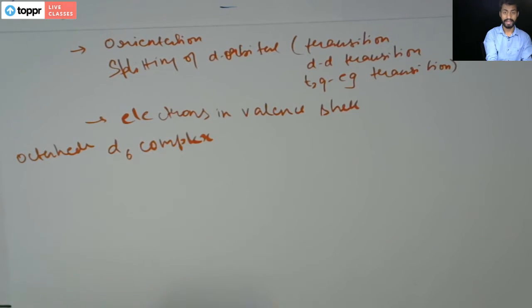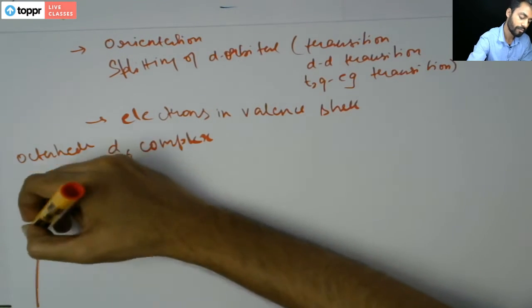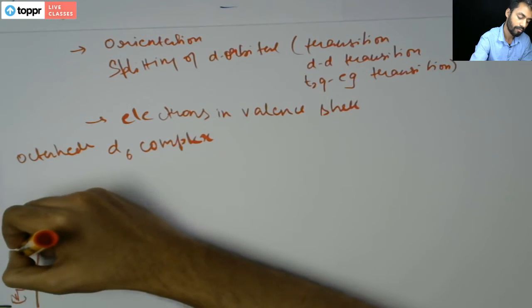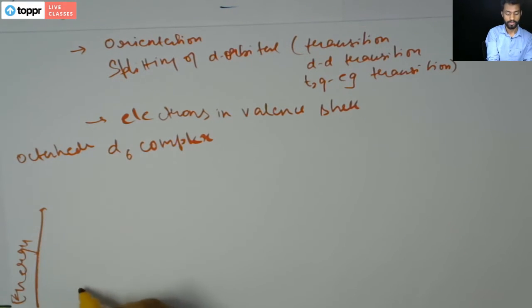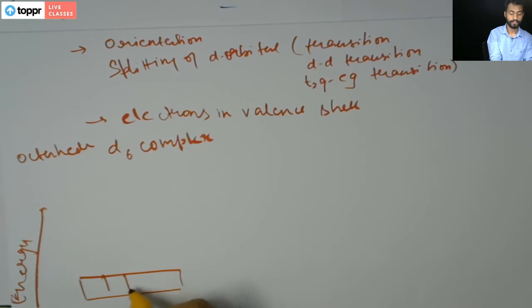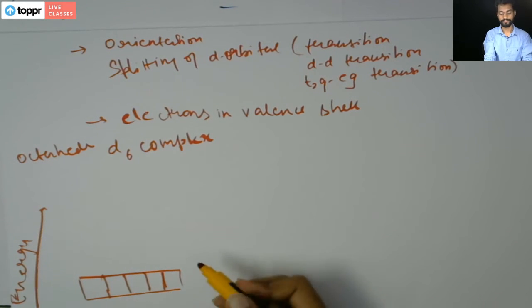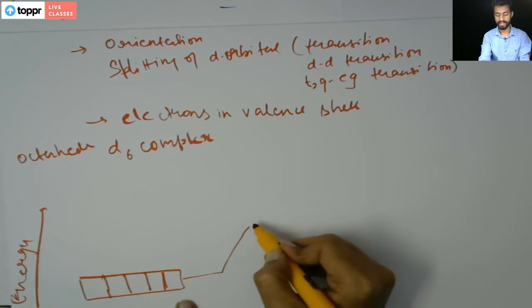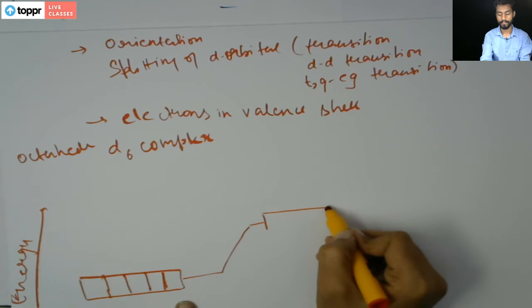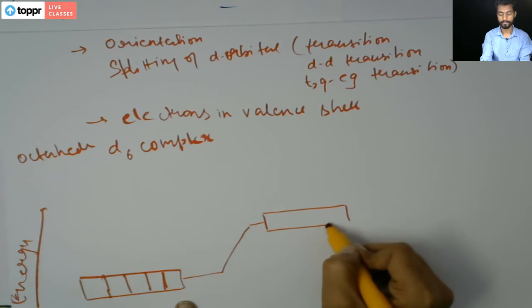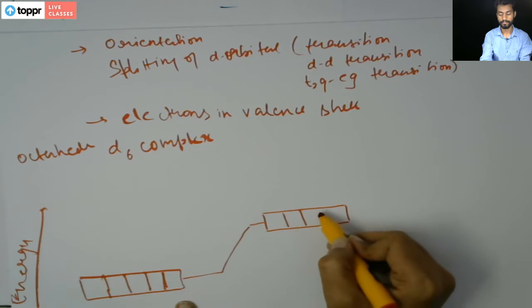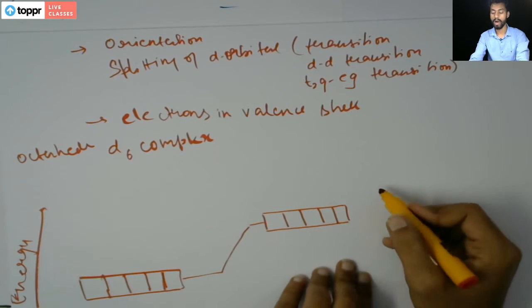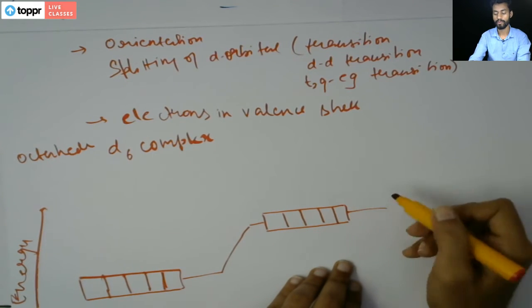Okay, so again we'll redraw the energy diagram. It is energy. We have all the d orbitals degenerate. Now as the ligand approaches, the energy of degenerate orbitals increases. Now comes the splitting of orbitals.